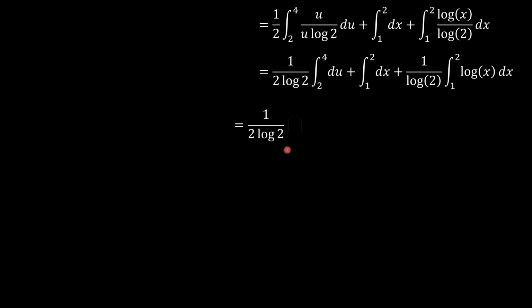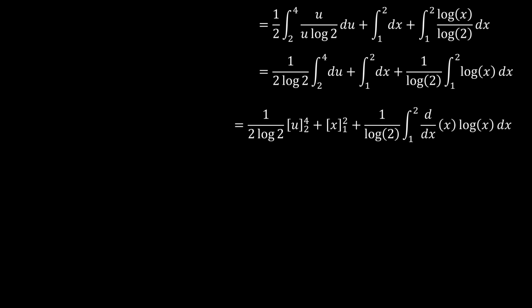This becomes 1 over 2 log 2 times x from 2 to 4. This actually is x, it's not u, we apologize. Then we have 1 over log 2, and the hidden 1 here becomes the derivative of x, and using integration by parts, the 4 minus 2 becomes 2, and here we have 2 minus 1.